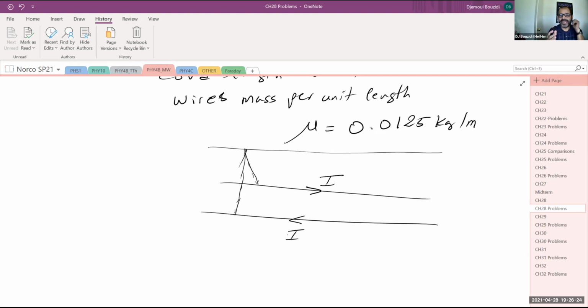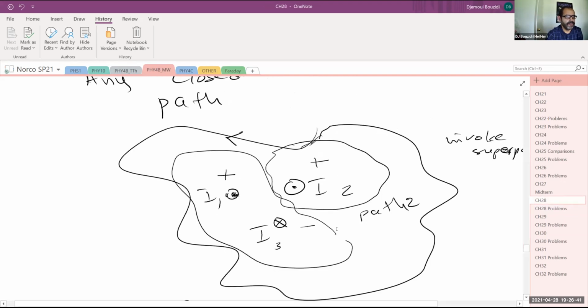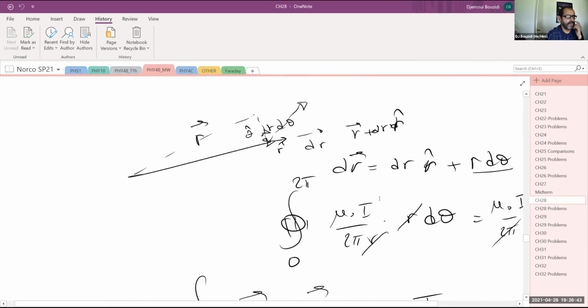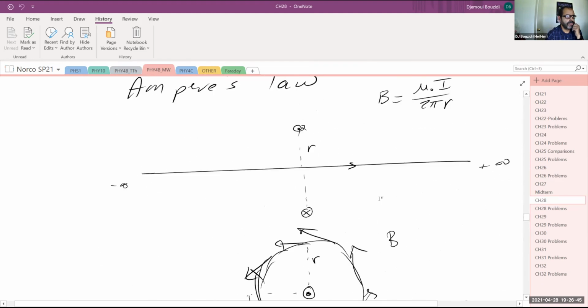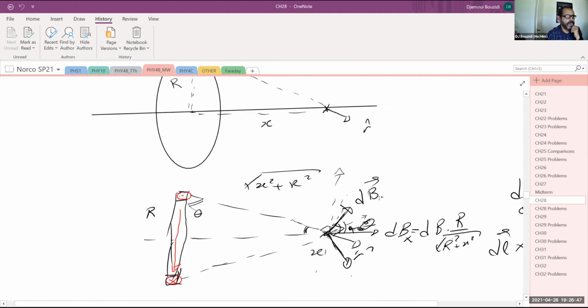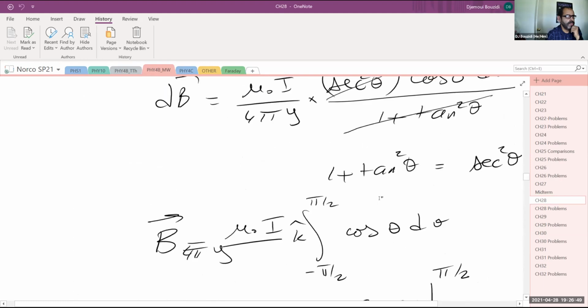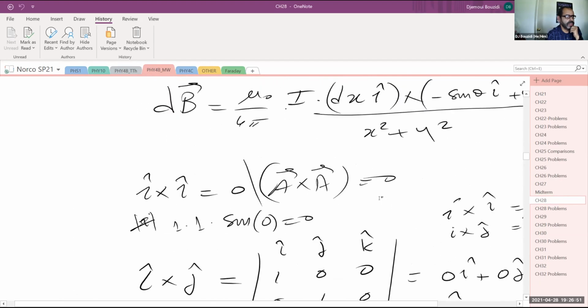Remember, in the case of magnetism, when currents go in the same direction, they will attract. When currents are going in the opposite direction, they will repel. Okay, and we found the formula for it too. Actually, we did it last time, from chapter 28. Try to go through the notes that we did last time.